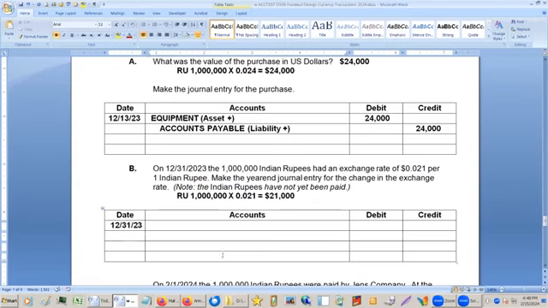Close. Accounts payable is going to go down by what, 3,000? Yeah, 3,000. This is actually a translation gain. We owe less now.